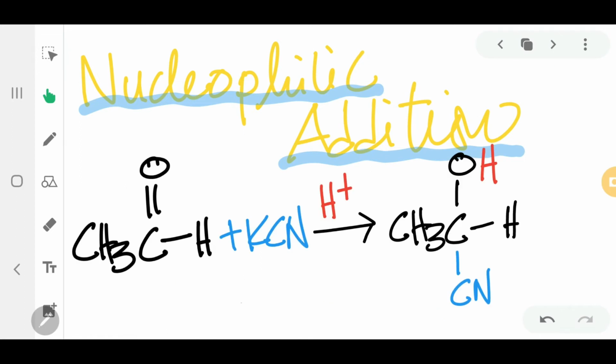One example is what you're looking at on your screen. We have an aldehyde reacting with KCN in the presence of acid, and as you can see, the carbon double bond oxygen has disappeared. So this is nucleophilic addition.